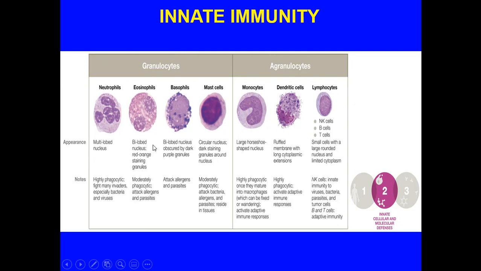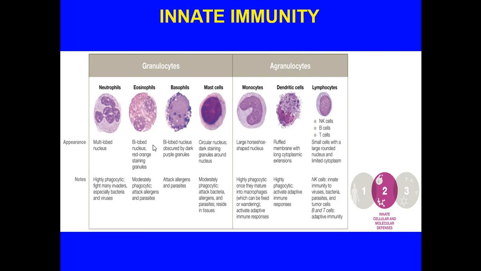Eosinophils are very, very low in number normally. They're moderately phagocytotic, and they attack allergens and parasites. If you have a high eosin count, that may suggest that you have a parasitic worm, for example.